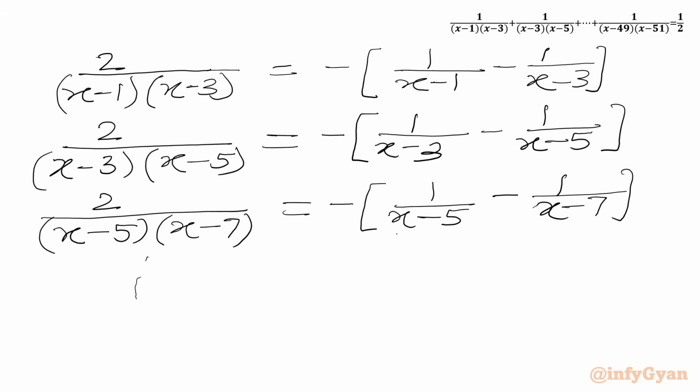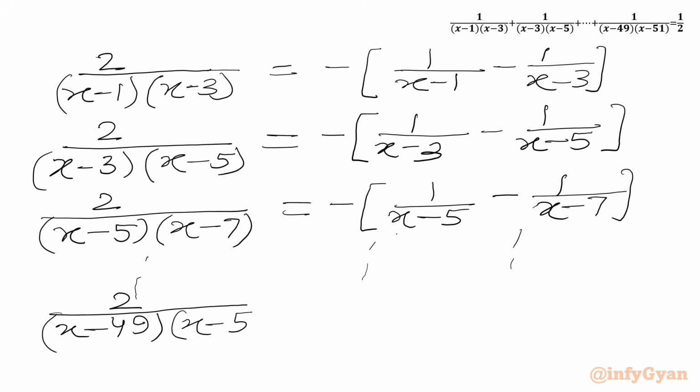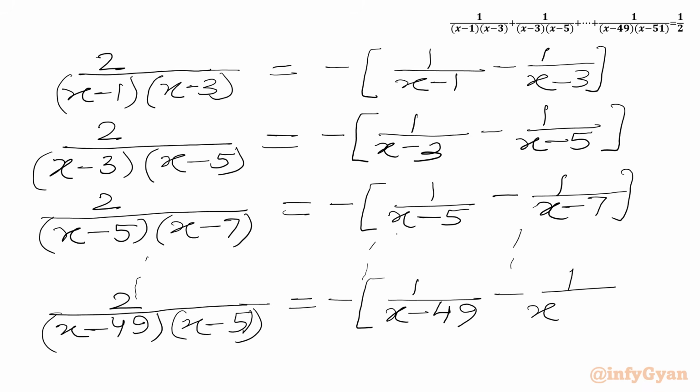In the same way, if we keep writing, the last term 2 over (x minus 49)(x minus 51) we will write as minus of 1 over x minus 49 minus 1 over x minus 51.